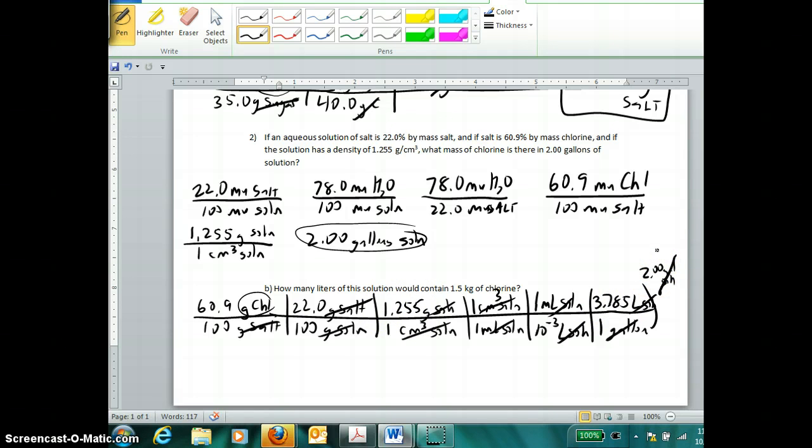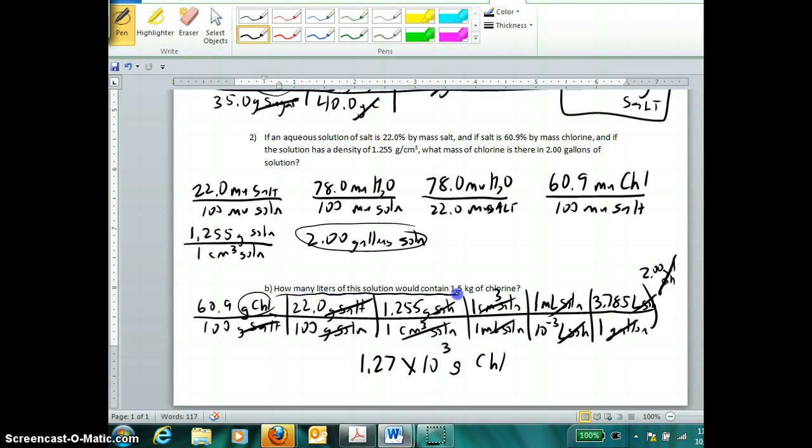So I want a 3-digit answer. My calculator reads those 3 digits as 1.27 times 10 to the third, and the units would be grams of chlorine. And of course, I didn't need step 5 because it didn't specify units that I needed.